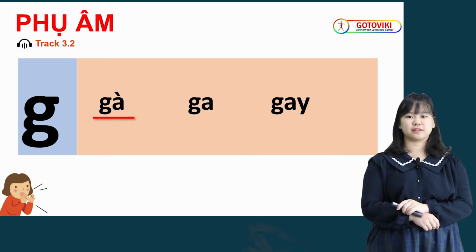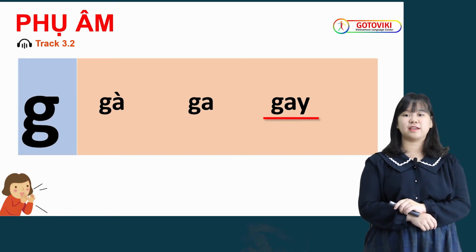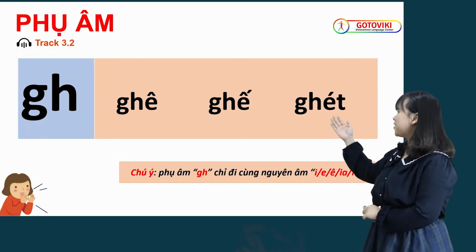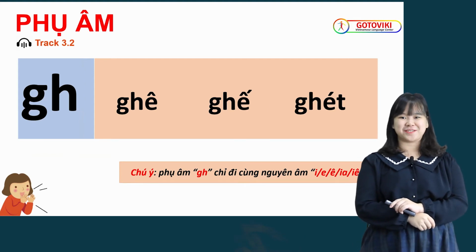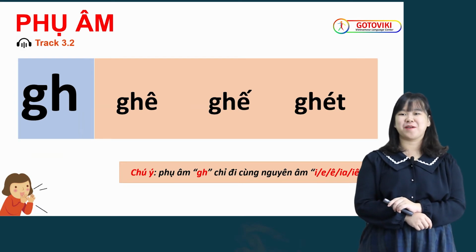Gà, ga, gai. Ga is the train station. This is G ghép. G ghép is made up of two letters, G and H, and is pronounced as G.